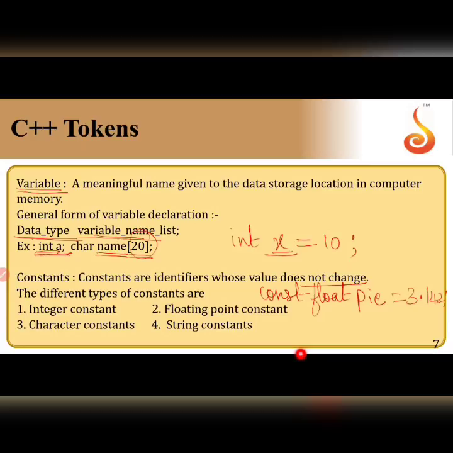I have declared a constant pi which takes the value 3.142. Throughout the program you cannot change the value of pi. If you try to do so, it will give you an error message. This is a float constant because pi has 3.142. Similarly, if it's an integer value, then it is an integer constant.